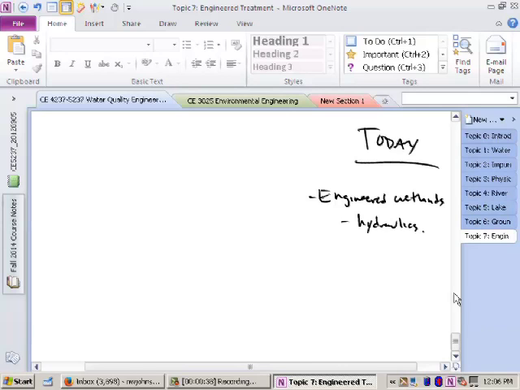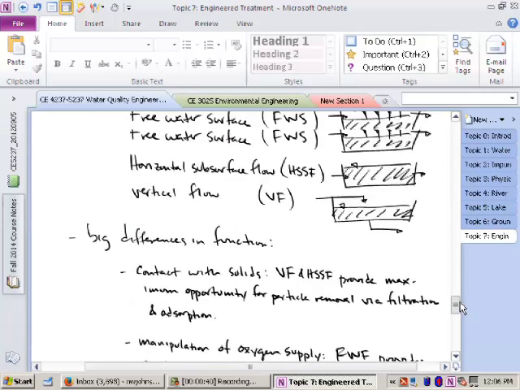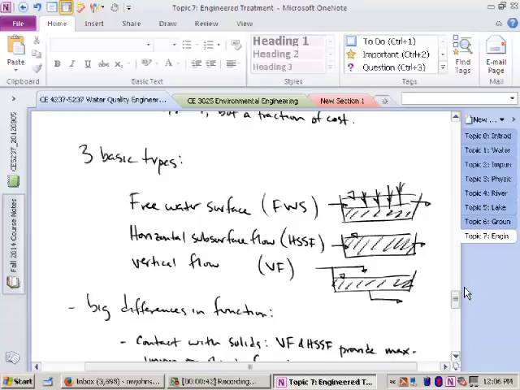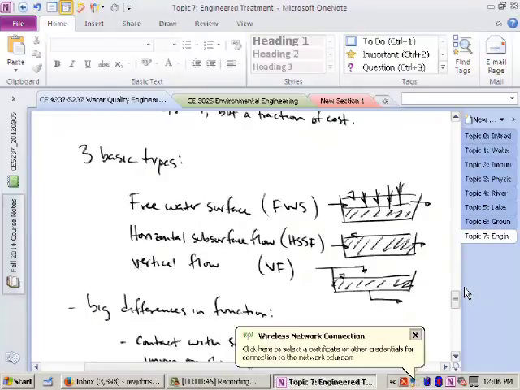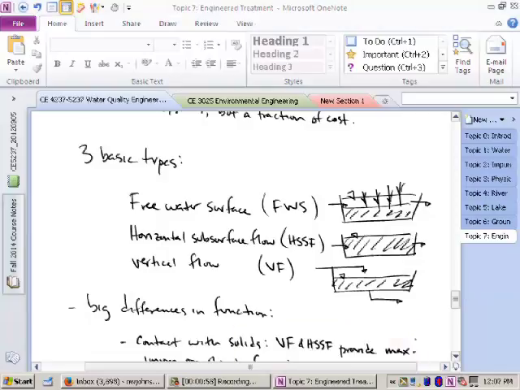We had these three kinds of wetlands last time, which were vertical flow, horizontal subsurface flow, and free surface wetlands. Which do you expect could accommodate the highest amount of flow? Surface. Why?